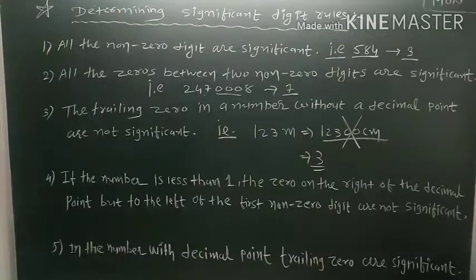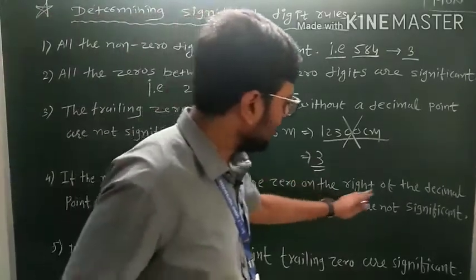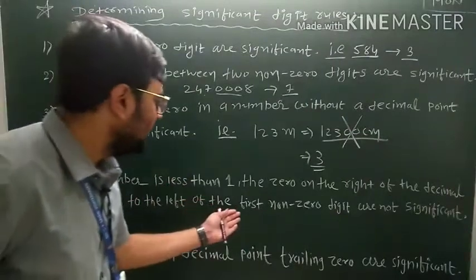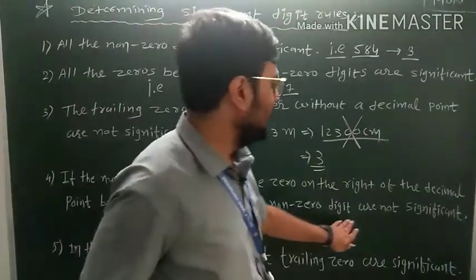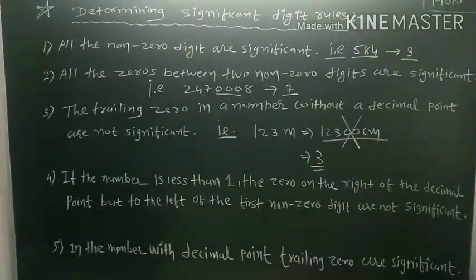Okay. Now the fourth one is: if the number is less than 1, the zeros on the right of the decimal point but to the left of the first non-zero digit are not significant. Okay, again we can read this.